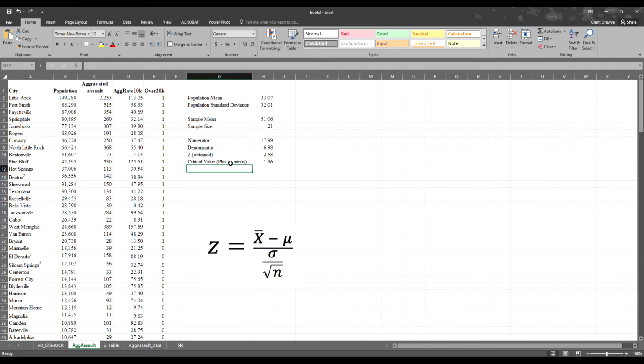There is inequality, and there's a significant difference between our sample of cities, so cities with over 20,000 residents, and all cities in Arkansas with the aggravated assault rate per 10,000. We can also say that there's less than a 5% chance that this finding of significance is by random chance itself when we used our 0.05 critical value, so the 1.96 and the z table.